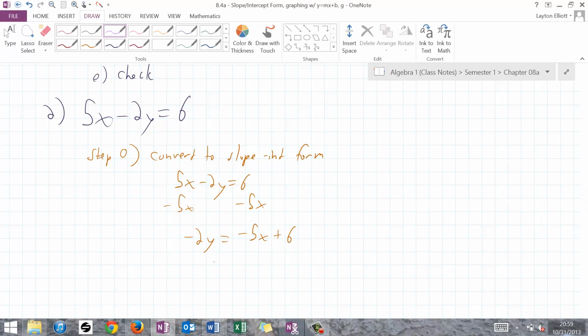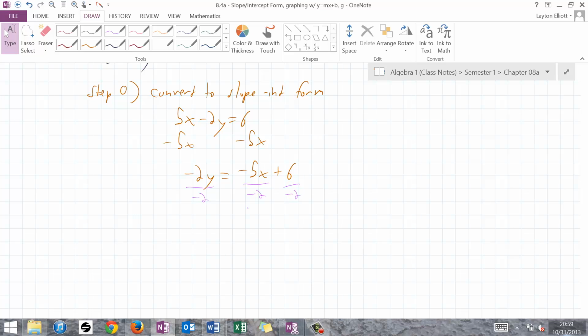Then I'm going to take my fraction bar and divide by -2, divide by -2, divide by -2. And what I get is that canceling, so I have y equals -5 over -2, which is positive 5 over 2, x. Then 6 over -2 is -3, so minus 3.